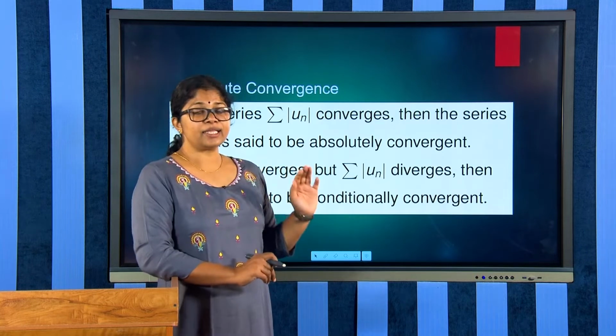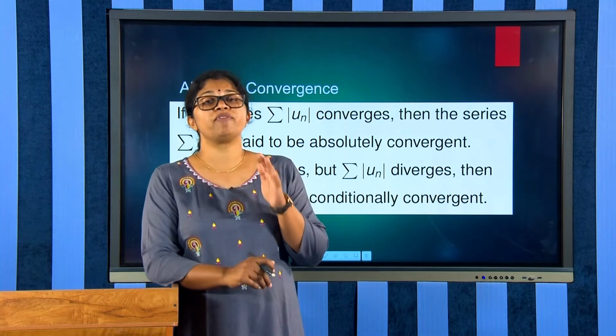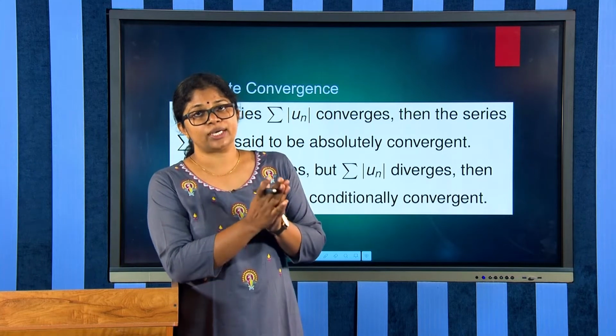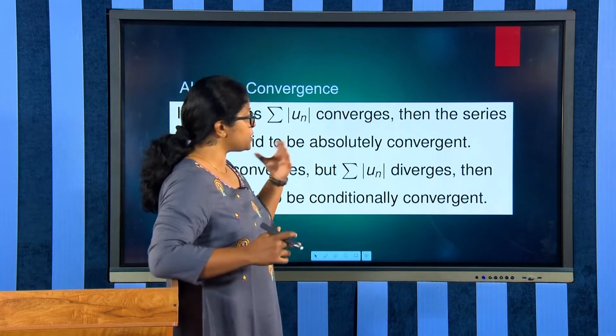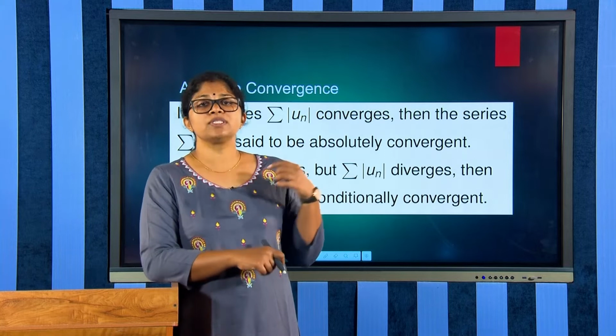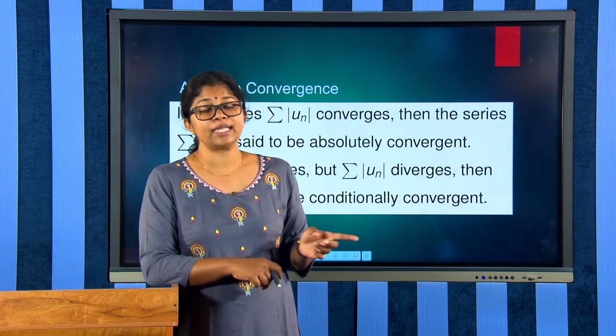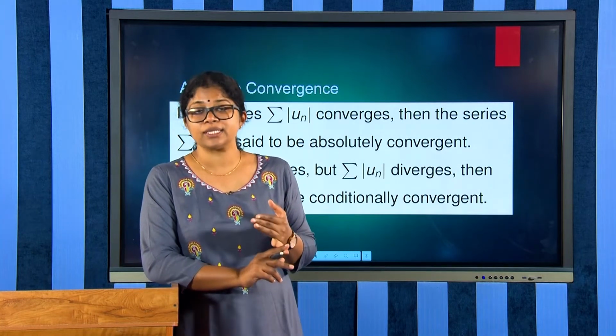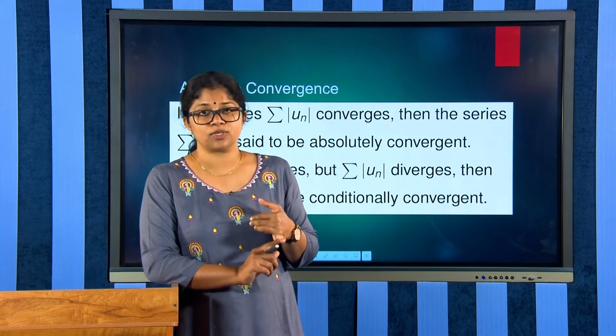So, here in this case, the students have to be very careful while taking such an absolute convergence case, because in the case of alternating series, we had restricted the terms to be greater than 0.